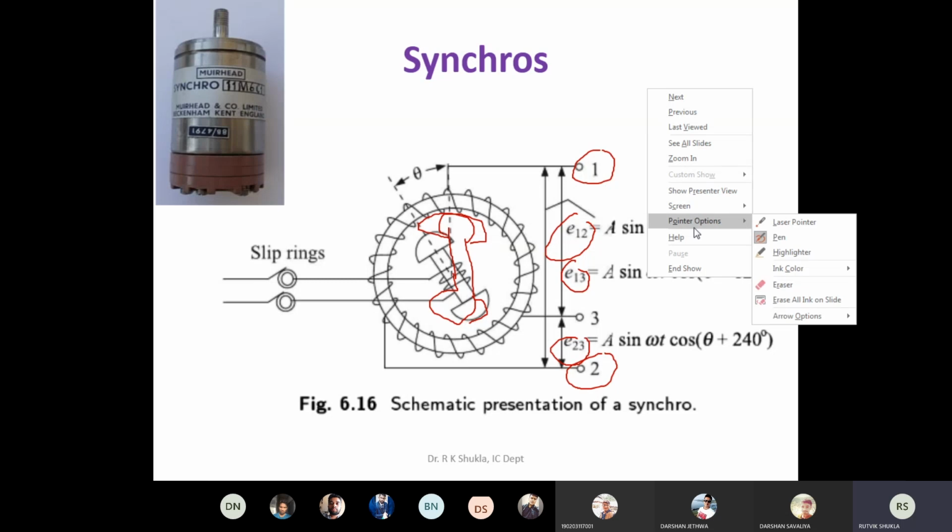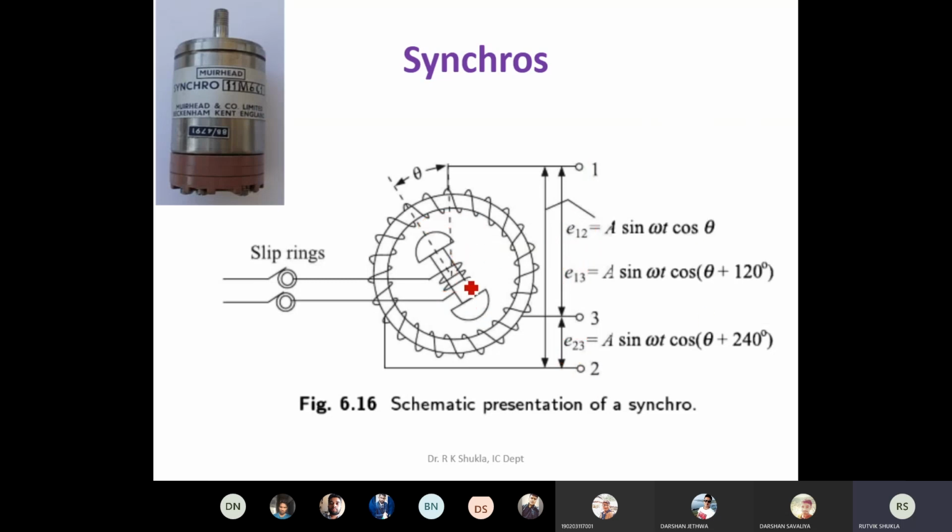Now, as I have already explained, this output depends upon this particular angle, theta. It means by looking at these three outputs, you can comment on the angular displacement of the rotor.